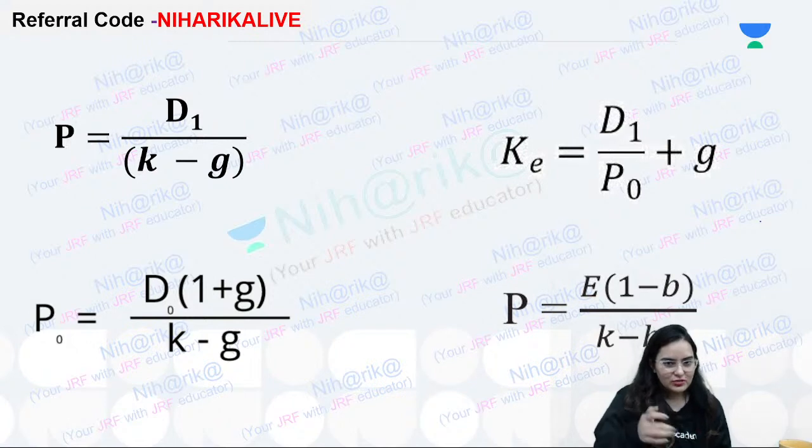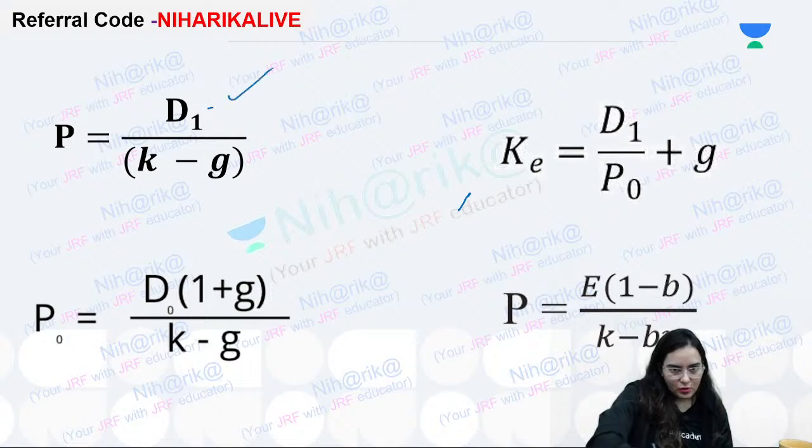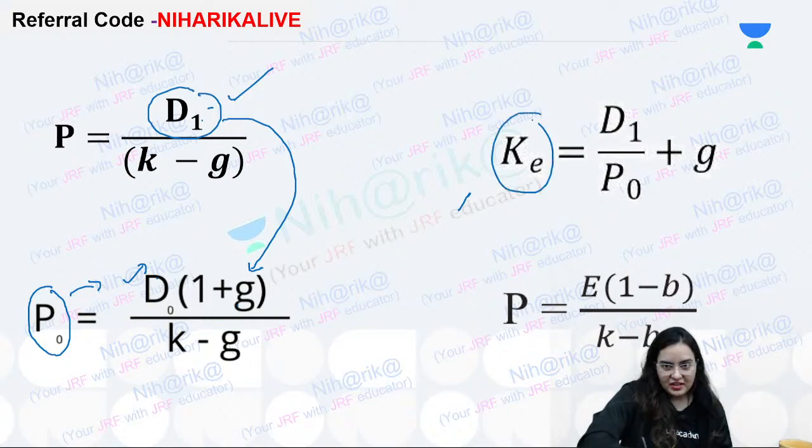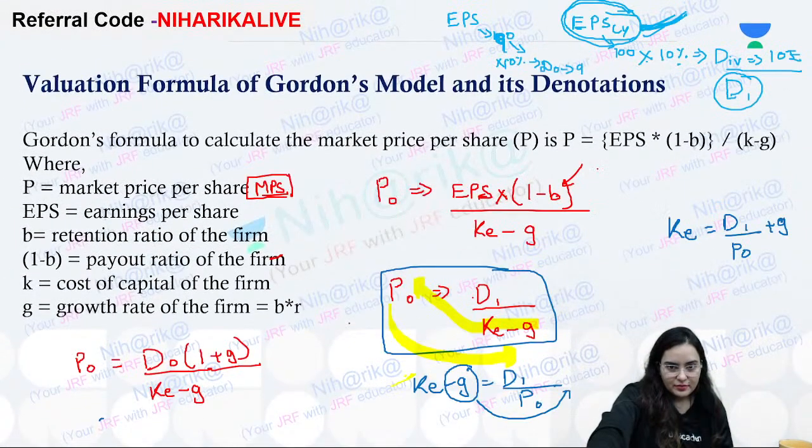Can you see? Now we have first covered this formula. Right, Priya, Raki, we have first covered this formula. Now, after that, we have seen that with this formula we derived this formula, because D1 is nothing but D0 times 1 plus growth. Now, if we are finding P0, then this formula is apt. If we are finding ke, then we have seen how to reach this formula, right?